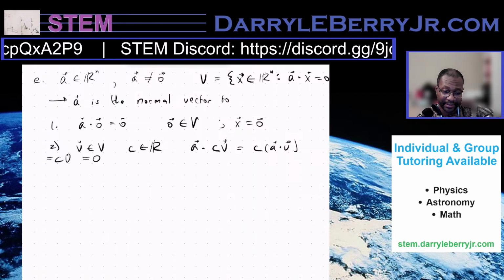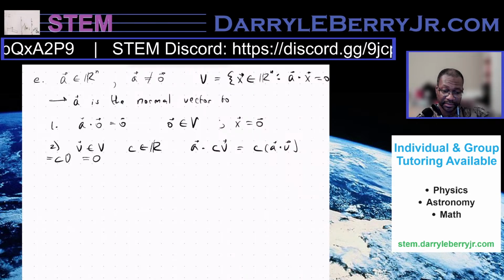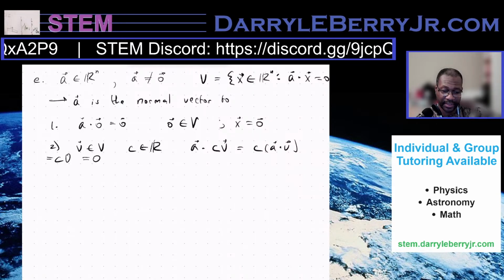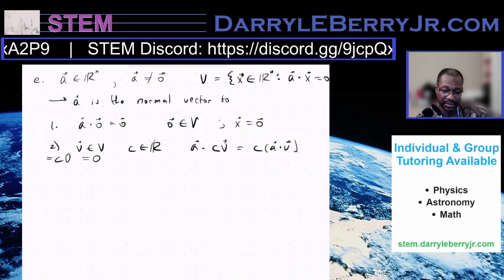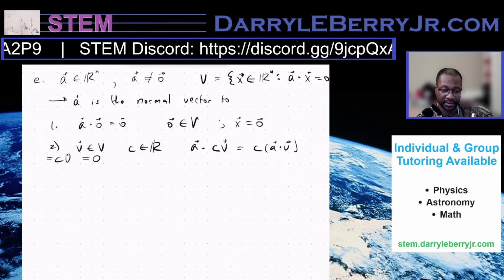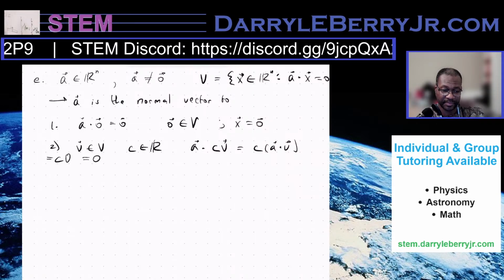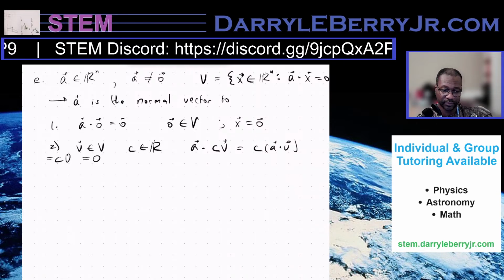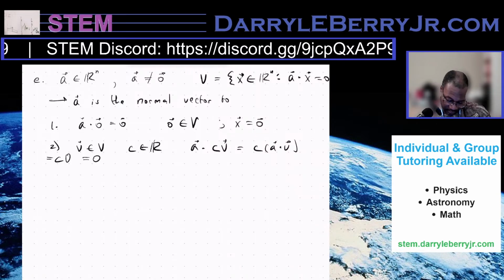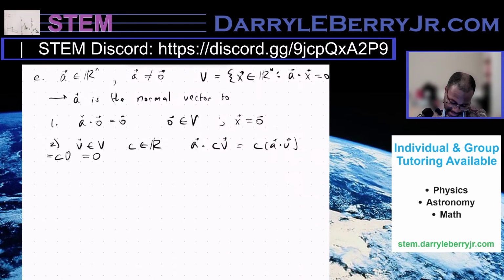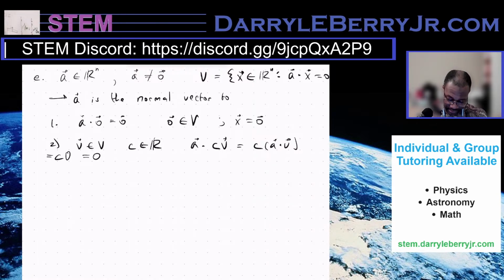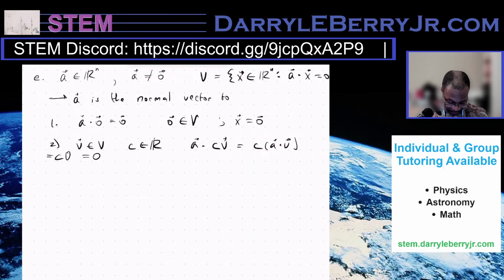Okay, so little v is in the vector space, and A is normal to that, right? So since A is normal to that, it has to be normal to any vector in the space. So therefore, it's normal to V, so that equals 0, right?